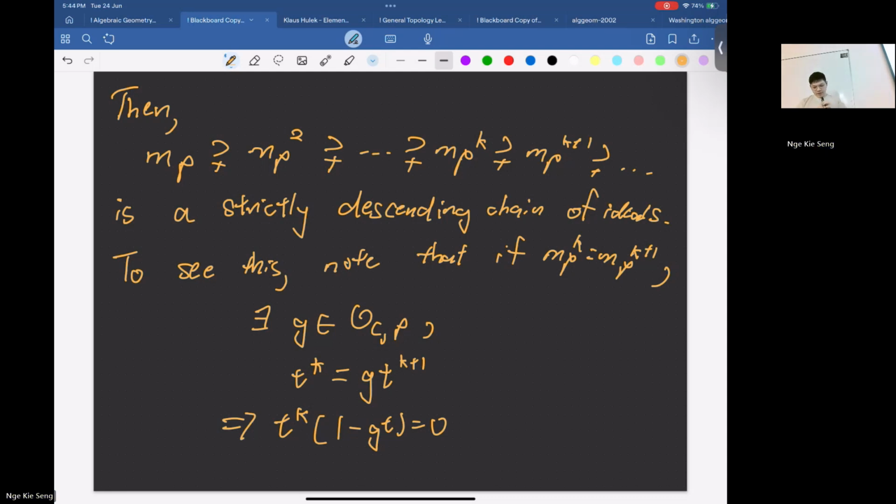Okay, but what does this say here? 1 minus GT couldn't be 0, otherwise G is invertible. Okay, so T^K must be 0.